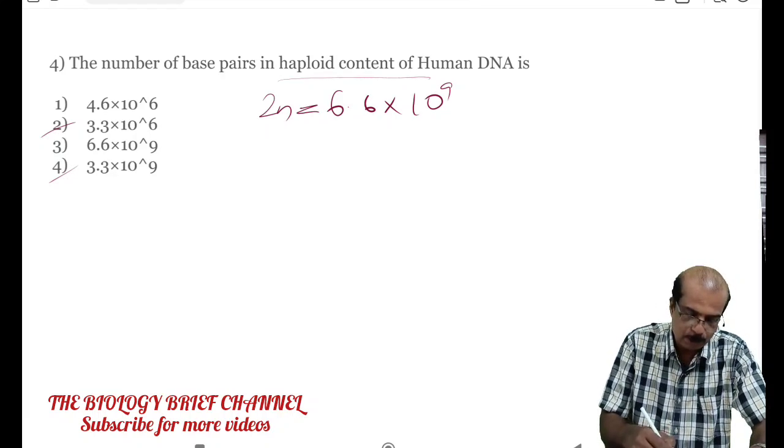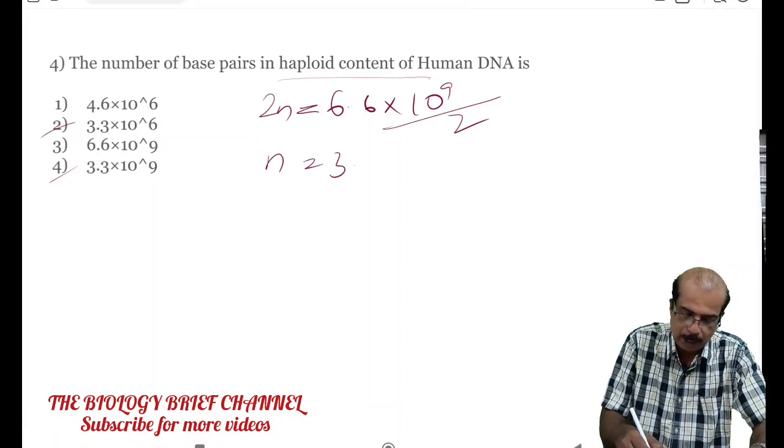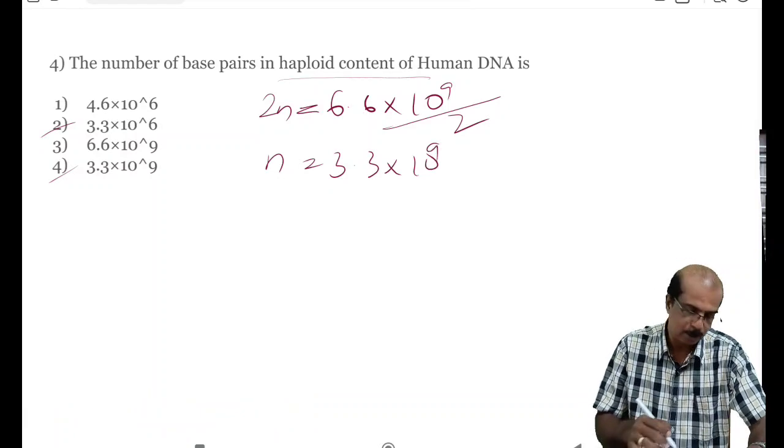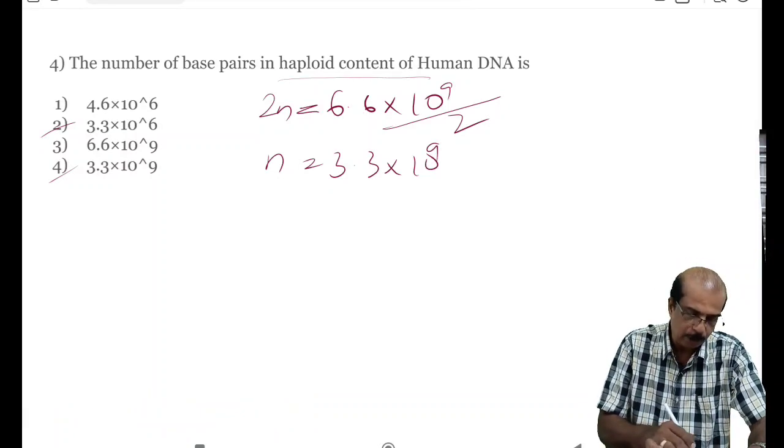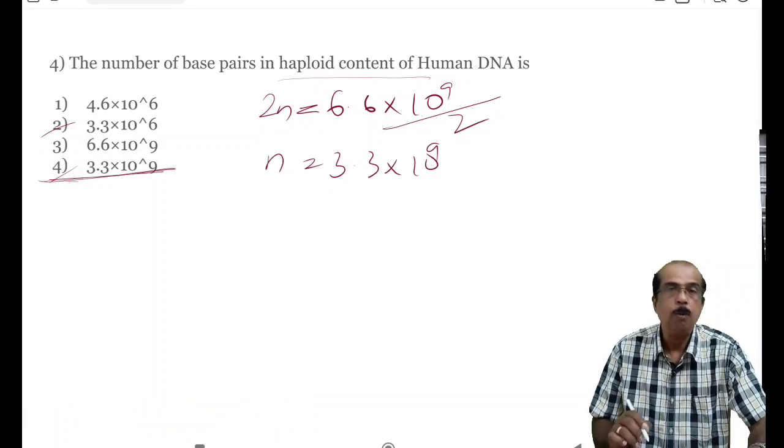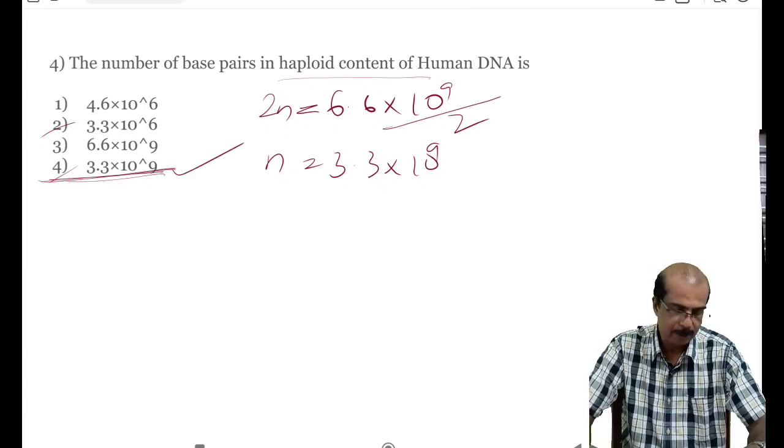When it comes to haploid number, you have to take the half of this figure. That means 3.3 into 10 raised to 9 base pairs. So, 4th choice is our answer to this question.